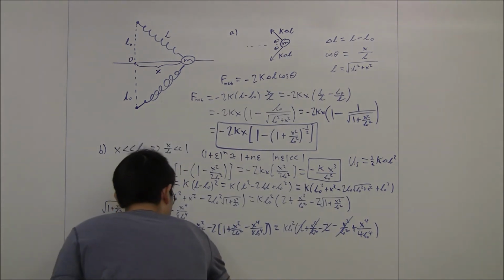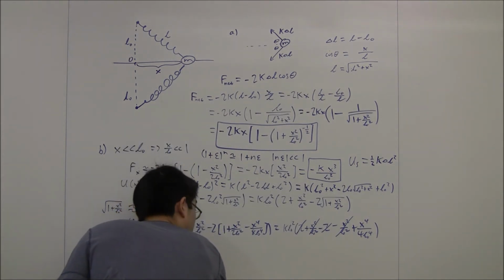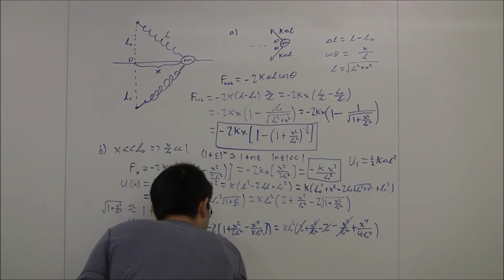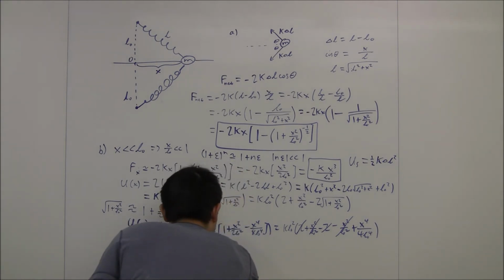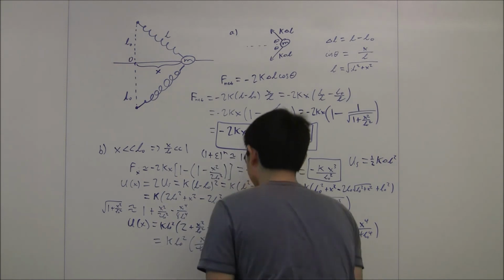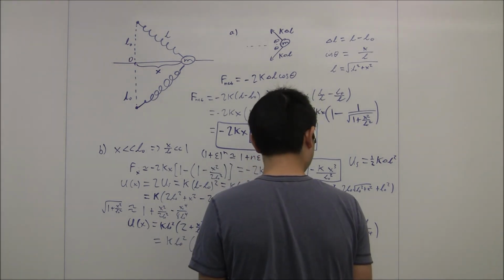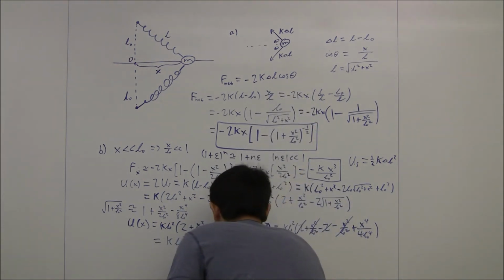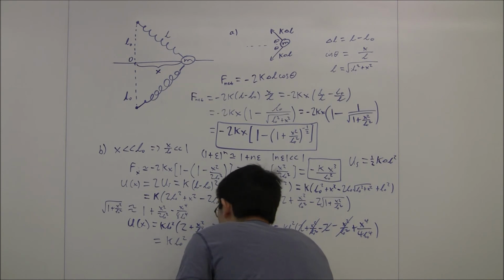So finally, if you write it out, we have k L naught squared times, in brackets, x to the 4 over 4 L naught to the 4, which gives us our final answer of k times x to the 4 over 4 L naught squared.